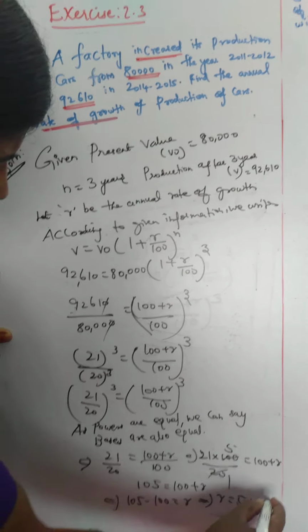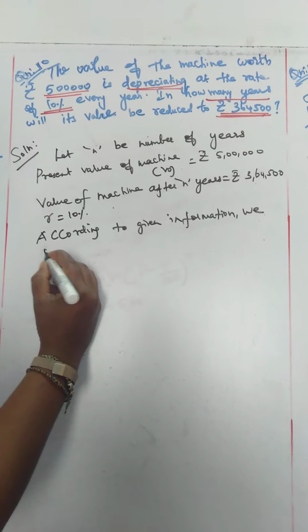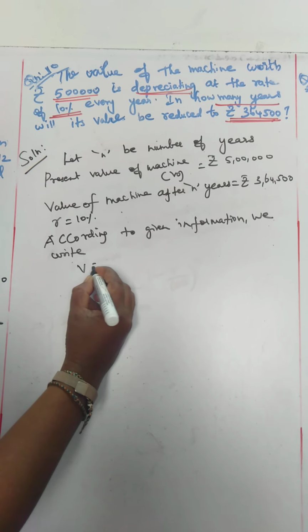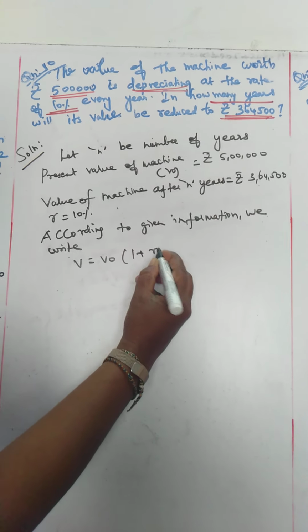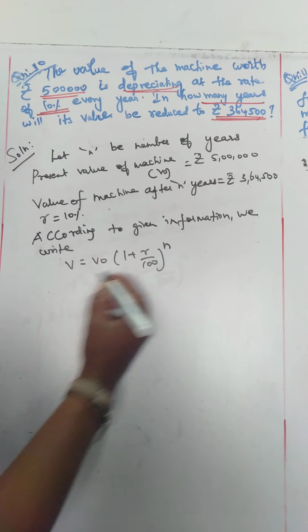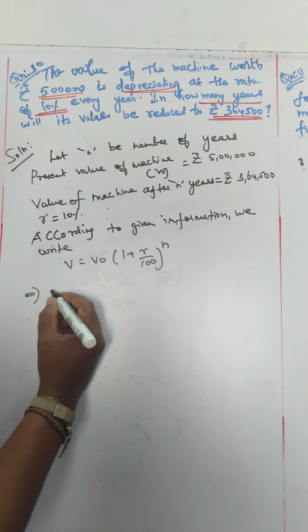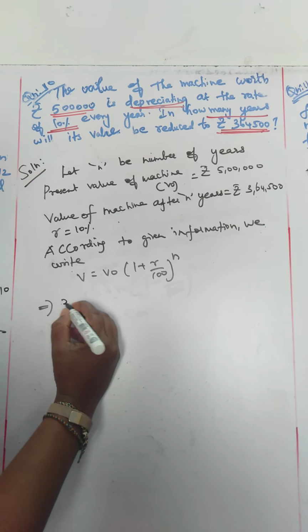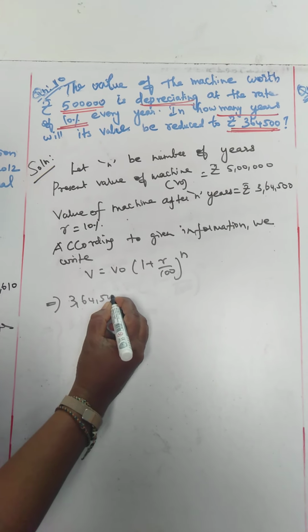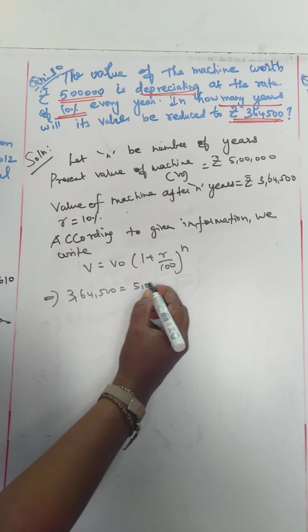According to given information, we write V is equal to V naught into 1 plus R by 100 the whole power n. So which implies V here is 3,64,500 and V naught is 5 lakh.